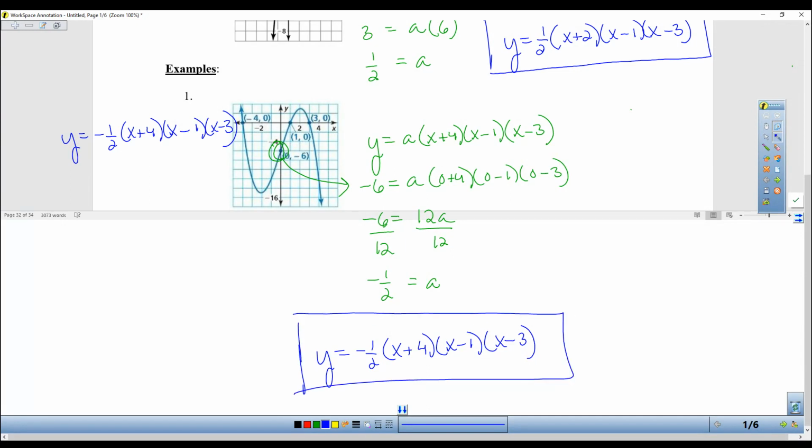I can find its y-intercept by letting x be 0, which of course we already know is negative 6. And I know that it ends down because it's negative, and sure enough, it did end down. And I know that it is not quite as steep, it has a 1/2 as a basic cubic function.